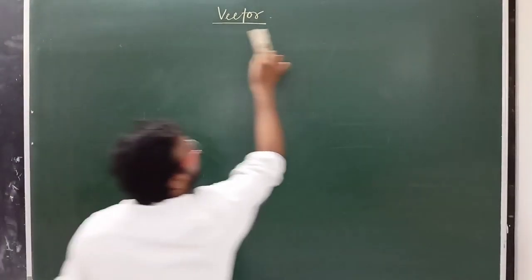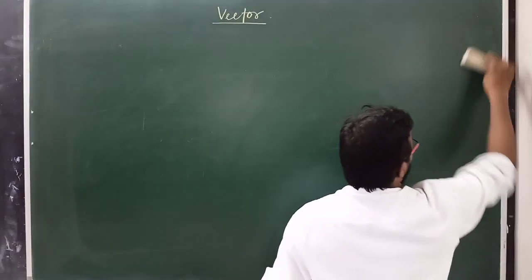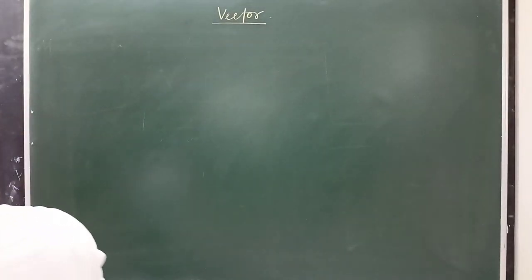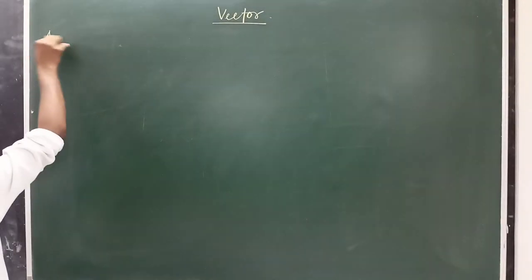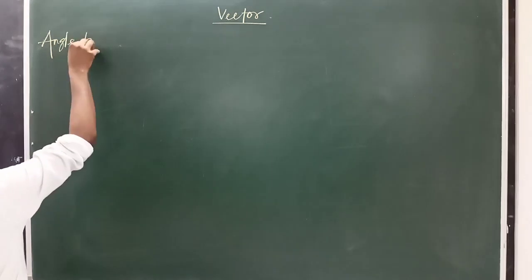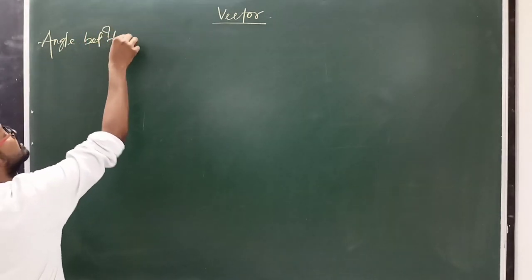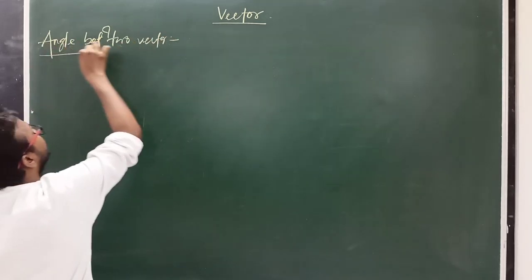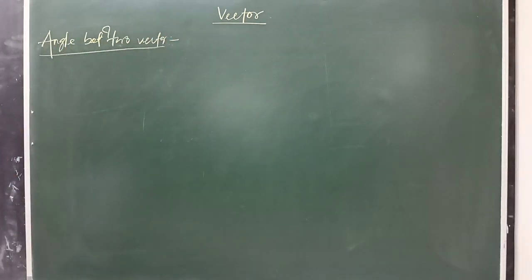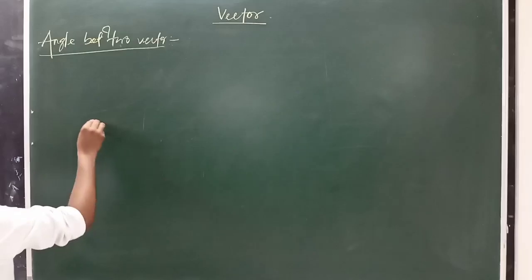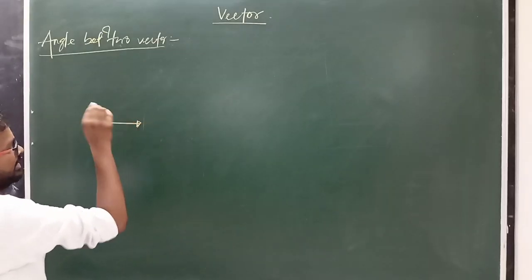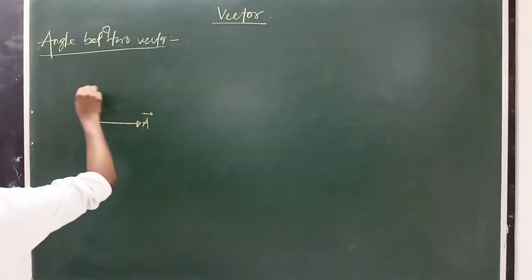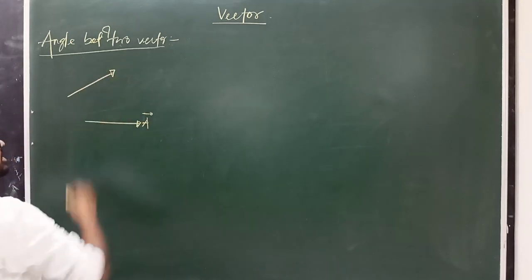Now let's start: angle between two vectors. Okay, suppose there is a vector, this vector is A vector, and there is another vector.